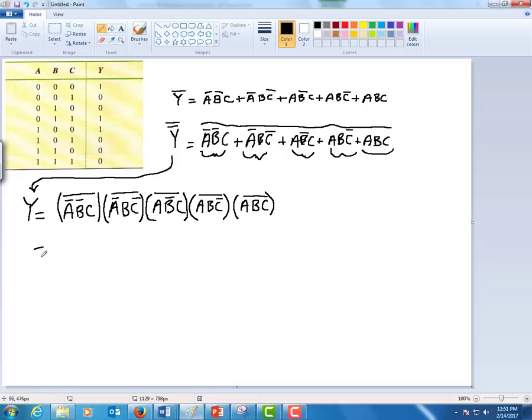Let's keep going. This is going to equal what? Let's just write it down first, right? It's going to be A plus B plus C, right? Now, these have a bar over it, right? If I wrote them out, it would be A bar plus B bar plus C bar, right? But guess what? If we put a bar over each one of these, you're going to have a double bar. So those are just going to cancel out. You know what, I didn't even put a C there, I'm sorry.